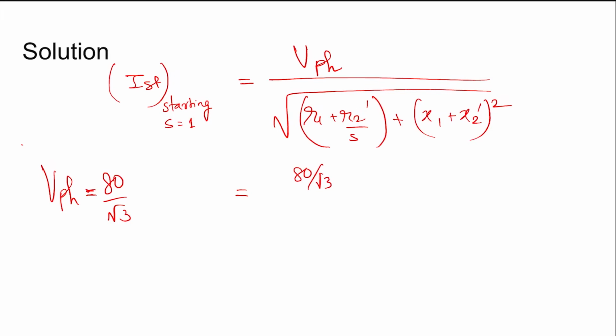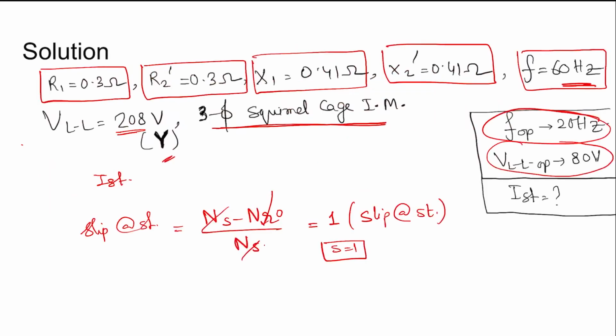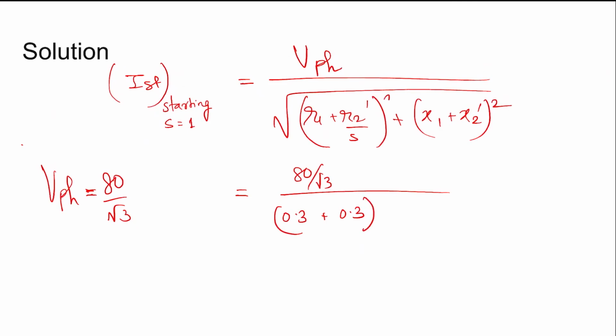So 80 by root 3 is the phase voltage, and R1 value is 0.3, R2 value is 0.3 as in the question, and these are 0.41 plus 0.41.